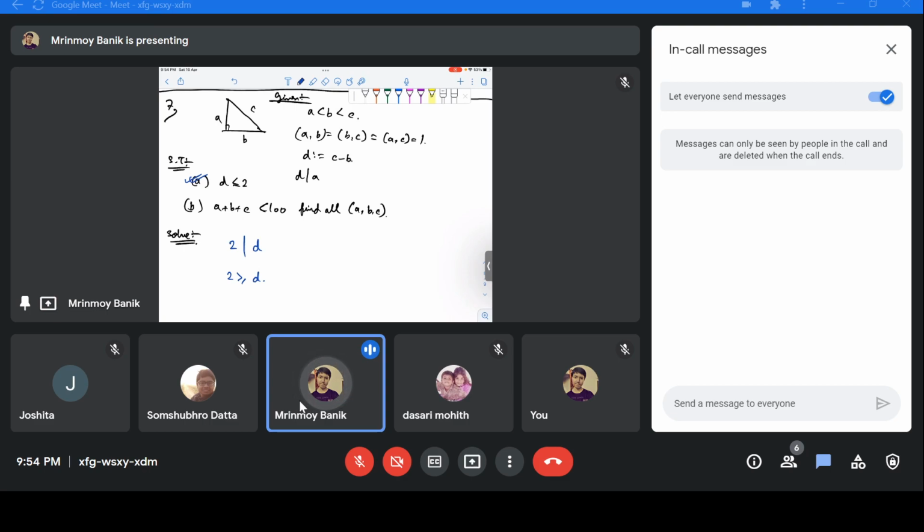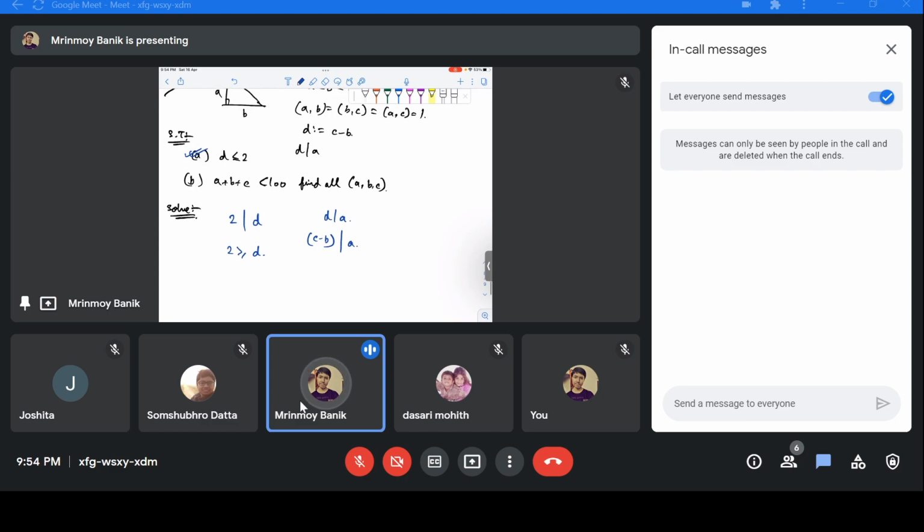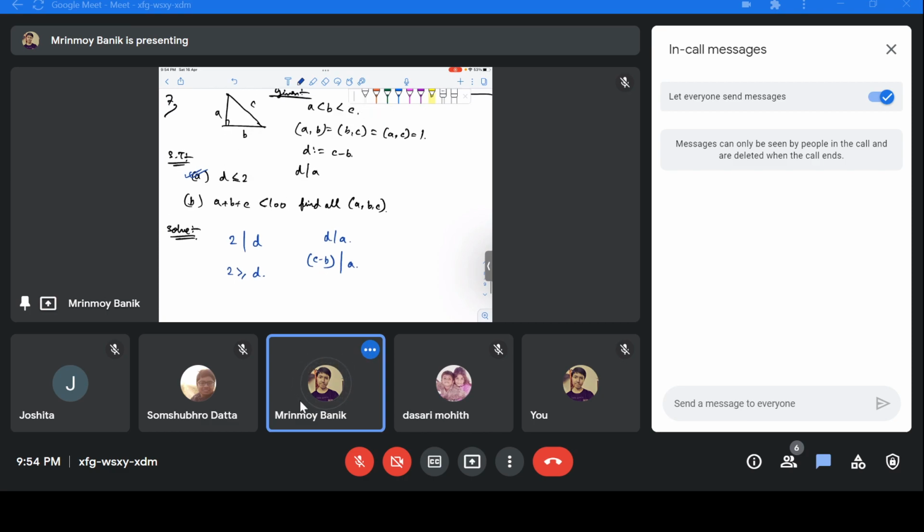How to do that? D divides A, D is C minus B. So C minus B divides A.